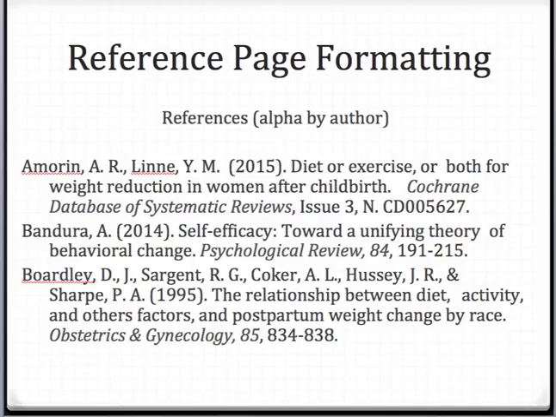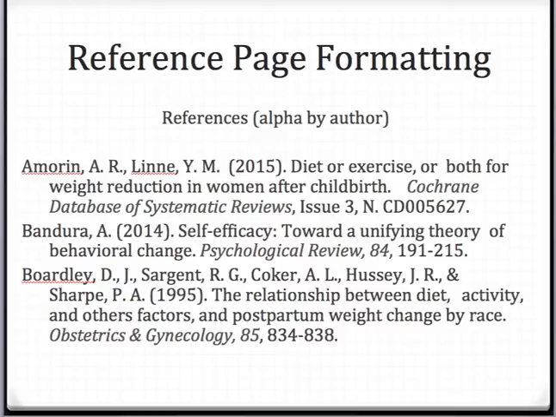This slide actually gives examples of correct APA formatting. Again, the references are alphabetical. The format should be the author last name, then author initials only, then the year in parentheses. The next entry is the title of the article. The first letter of the first word is capitalized.